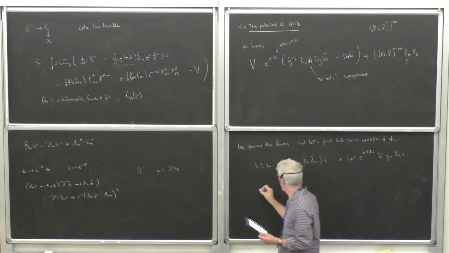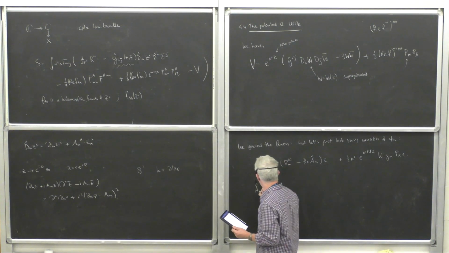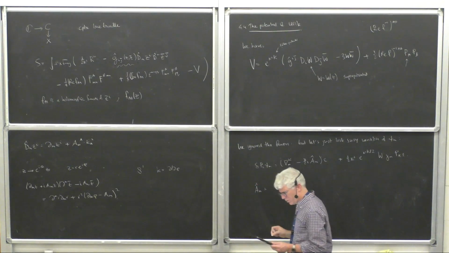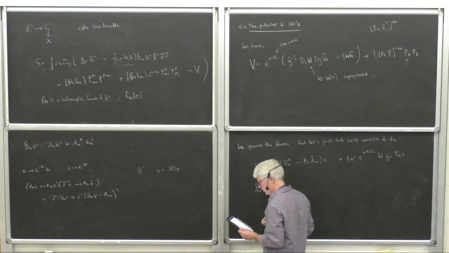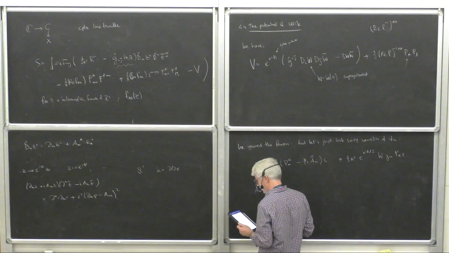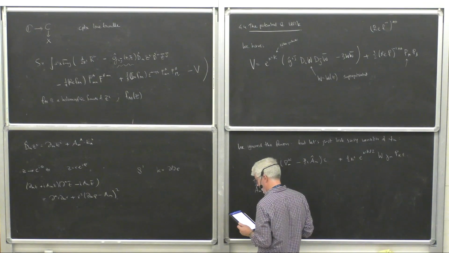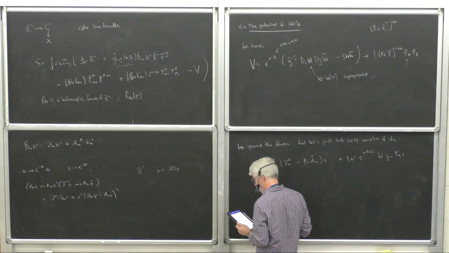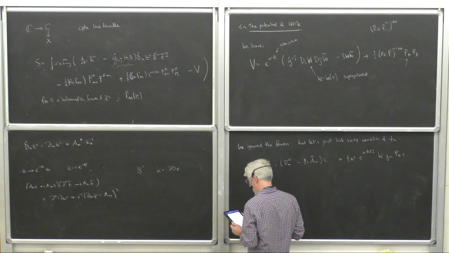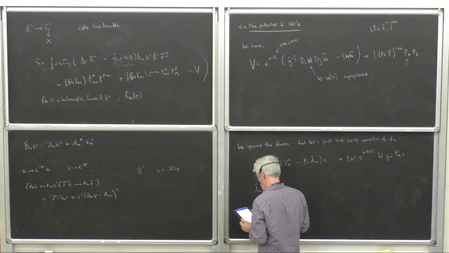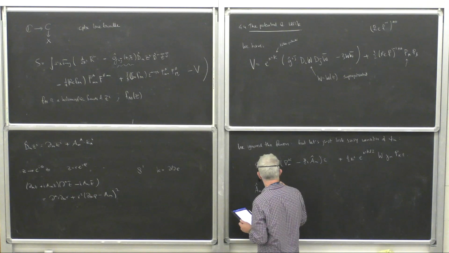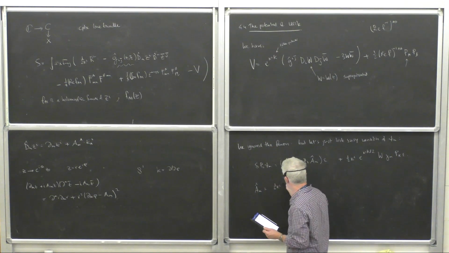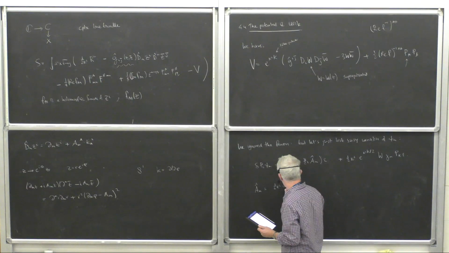So what is this A-hat_m? Well, it turns out it has the following form. It looks like 1/(6κ²), and then here it has the Kähler potential.